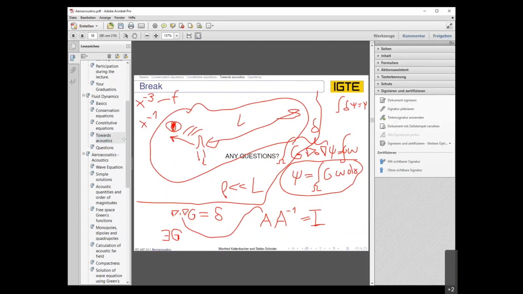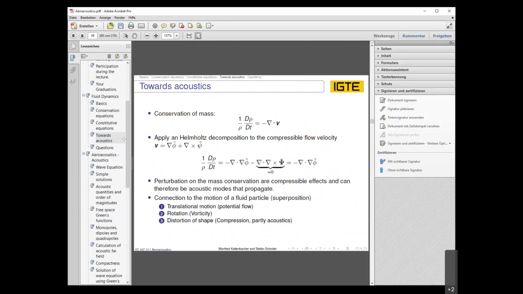Good. Then we will proceed with the last topic towards acoustics. We have conservation of mass.